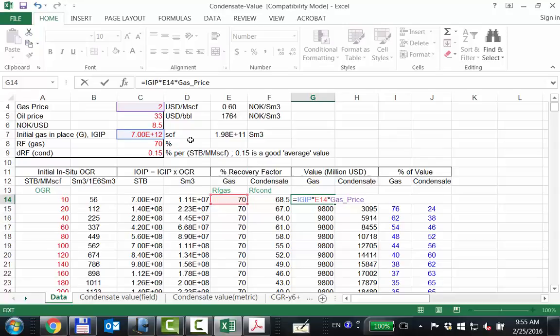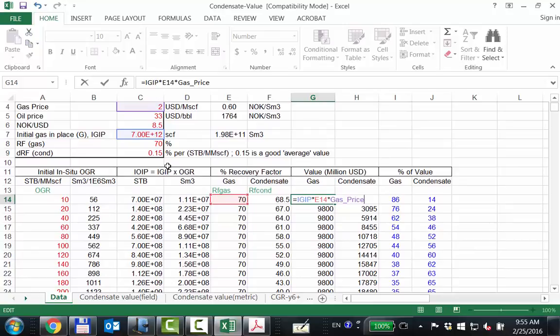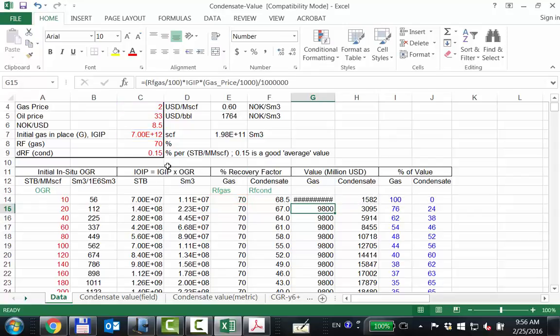But the gas price is in dollars per MCF, right? But the gas volume is in SCF. So we have to divide by 1,000 to get the units right. And the unit here is million dollars.